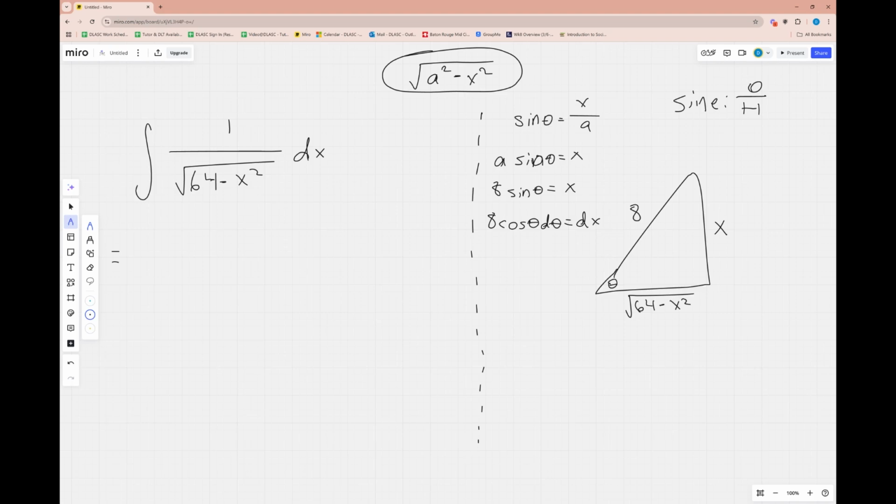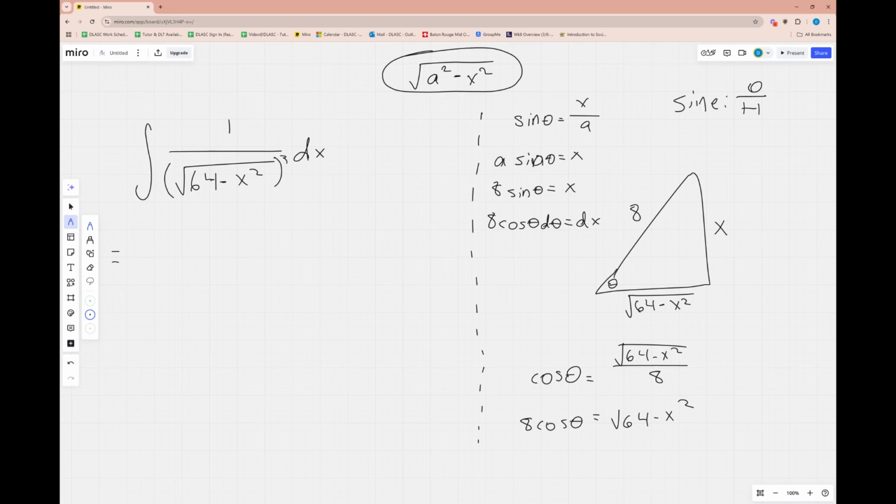Currently, I don't have that by itself in terms of x. I need to go ahead and get that. That's going to be pretty easy. I mean, adjacent over hypotenuse, that's going to be cosine theta, right? So cosine theta is going to be equal to the square root of 64 minus x squared over 8, like that. It's going to be 8 cosine theta is equal to the square root of 64 minus x squared.